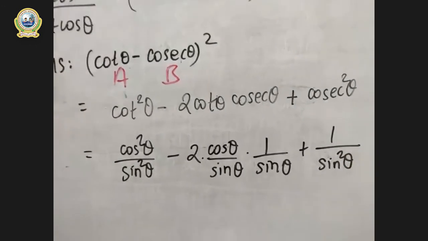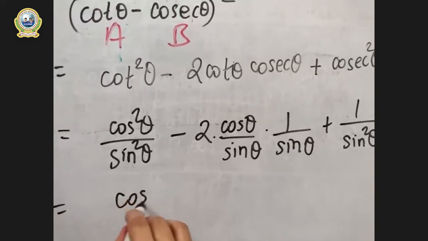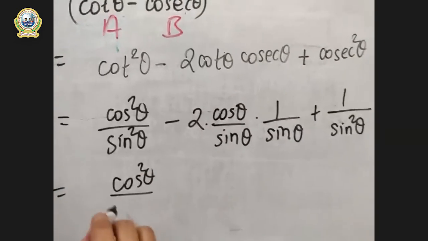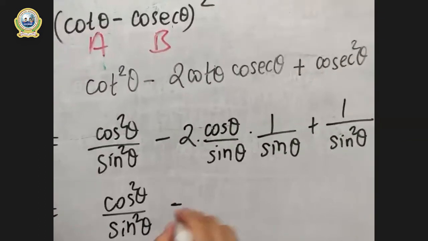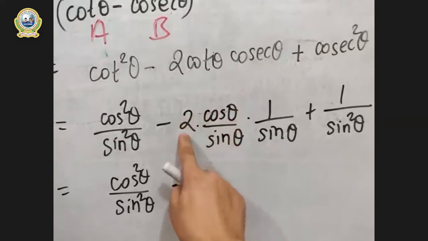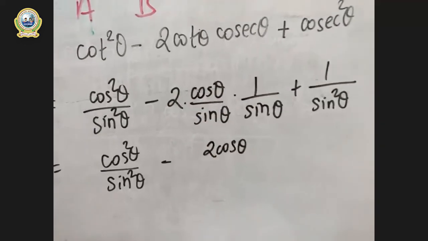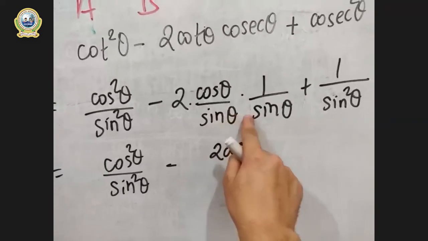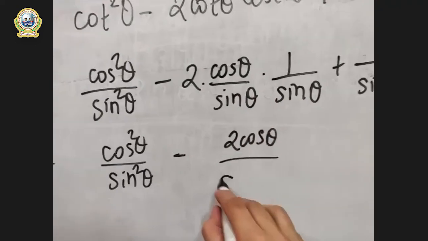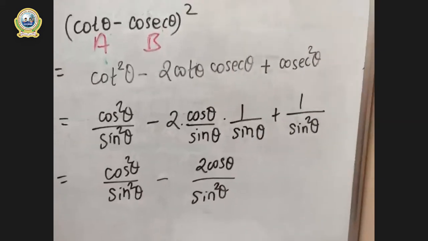Now, let me write the next step. Cos square theta is as it is, and in the denominator, sin square theta is also as it is. But in this part you can multiply: 2 into cos into 1 will be 2 cos theta, and in the denominator sin theta into sin theta will be sin square theta, because a into a means a square.